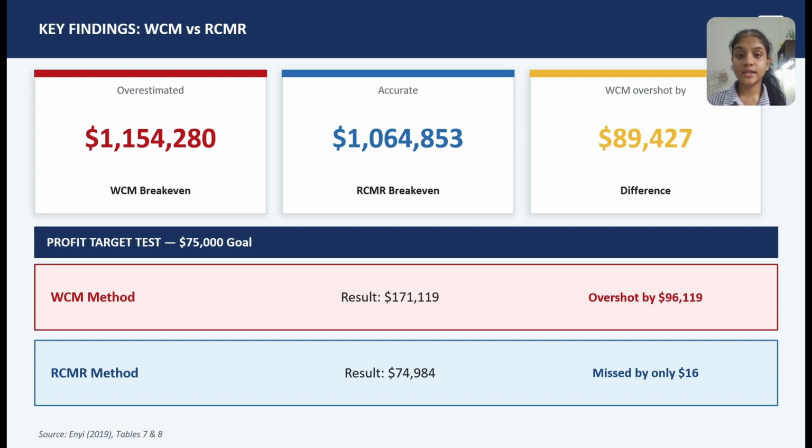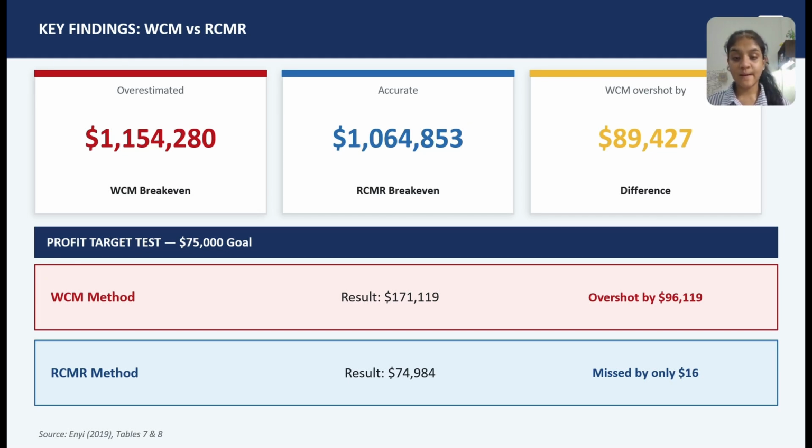You can see it clearly here. The WCM produced an expected profit of $171,119, more than double the target. Meanwhile, the RCMR produced $74,984, which is almost exactly $75,000. That is a remarkable difference in accuracy.